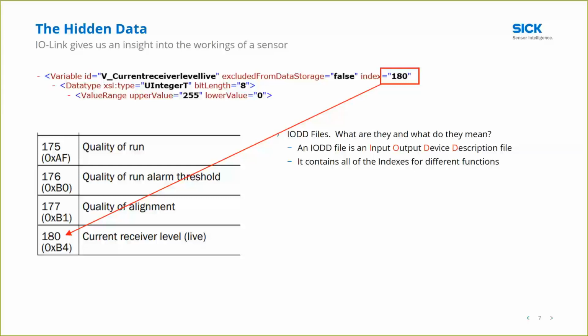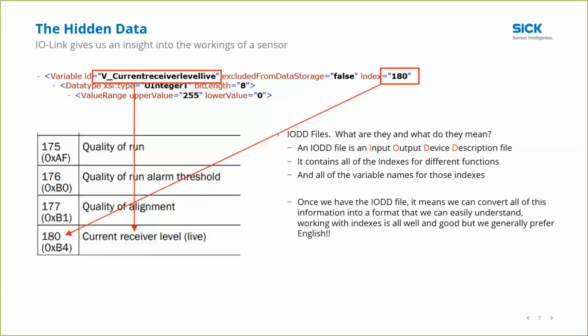So we know that the number within the IODD file is referenced within the documentation. And then we also get to see the variable name that is attached to that index number. So this is data index for the current receiver level, the live current receiver level. So if I send a signal to the sensor and say, I want to read index 180, or I want to read the variable name current receiver level live, I will get the current information for that index, but it'll only be valid for that cycle.